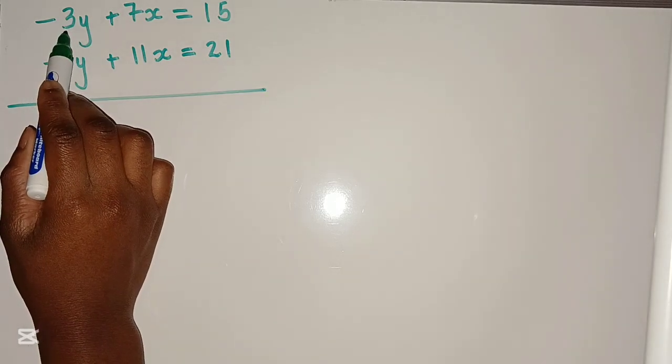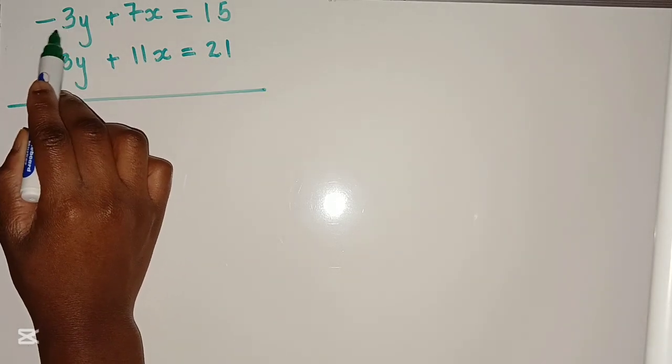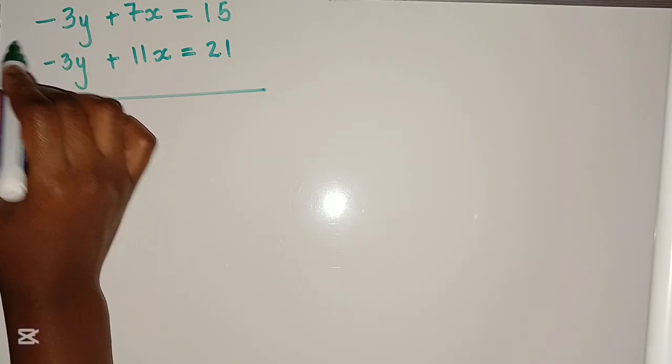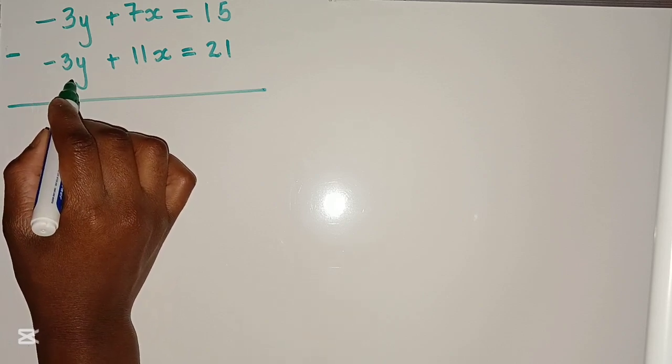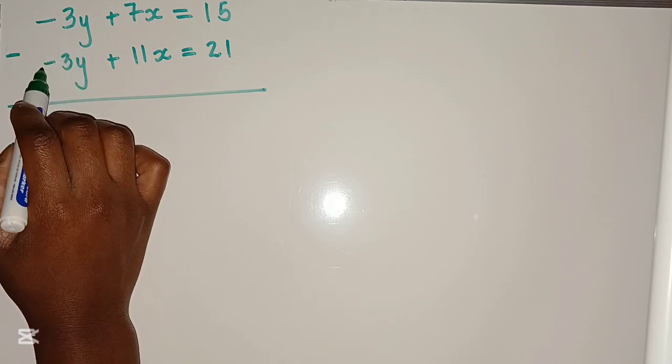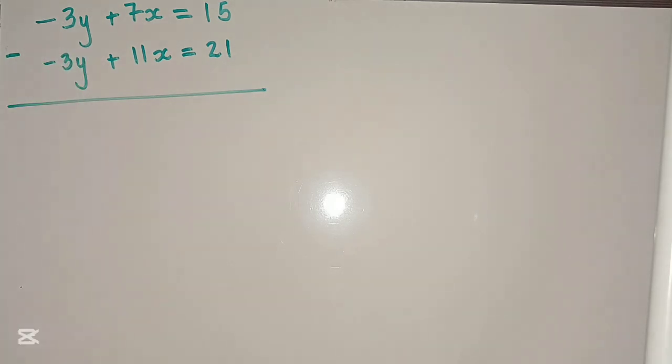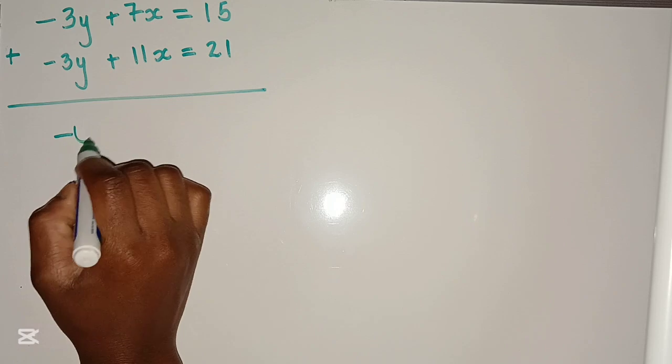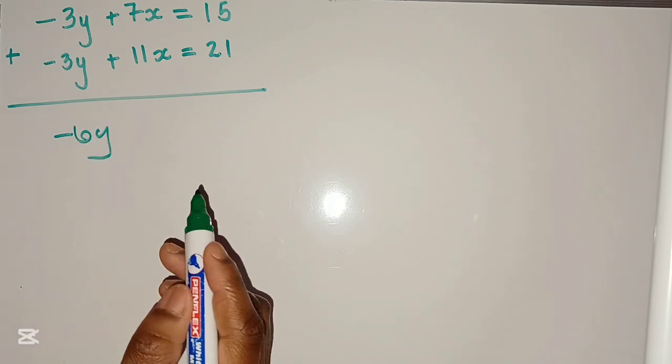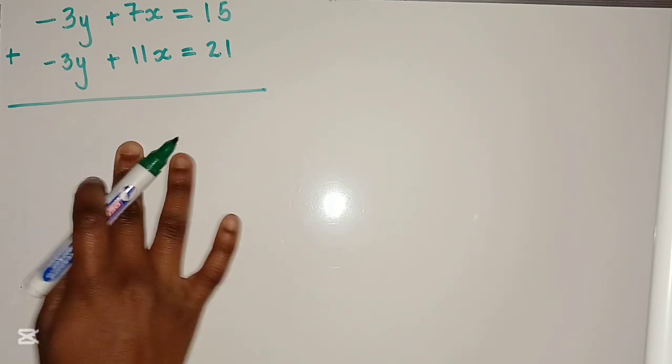-3 minus -3. Because if I had decided to add -3 plus -3, I would have gotten -6y, so no variable is eliminated there.